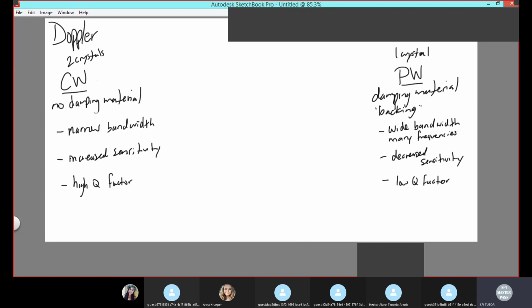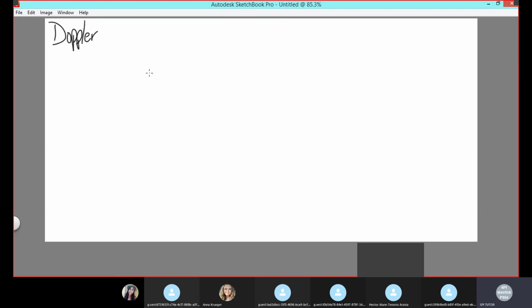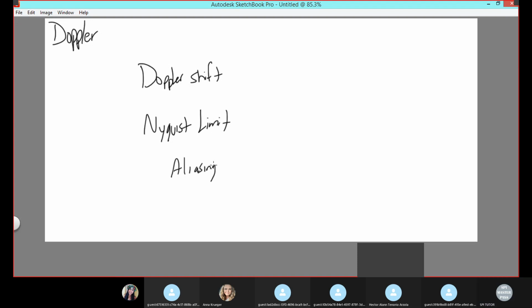Now let's start aliasing, and this is where we stop, on the concept of aliasing. This is how I view aliasing. You have your Doppler shift, you have your Nyquist limit, and then you have aliasing.